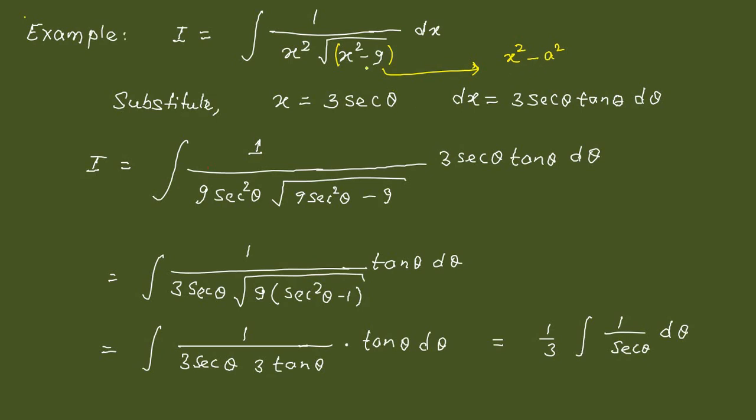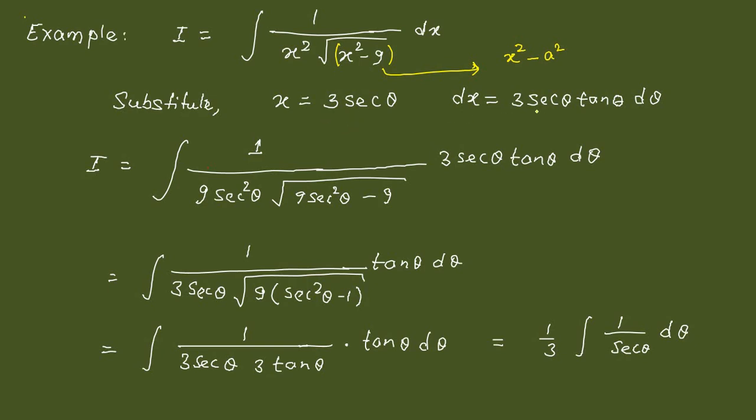So we can simply substitute x equals a sec theta, because this is the form we see here. So x equals 3 sec theta we should substitute, and this time we are not substituting a function as t, we are substituting x as a new function. That is why it is known as inverse substitution.